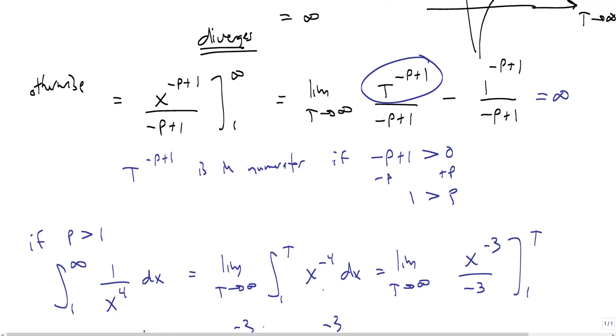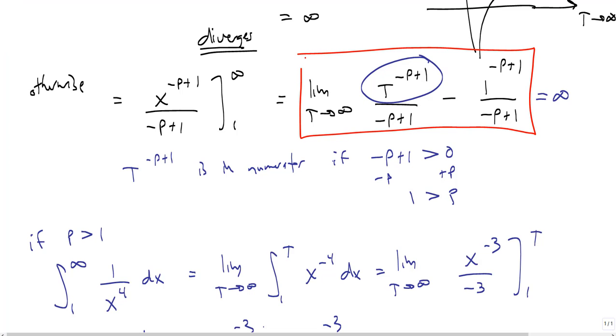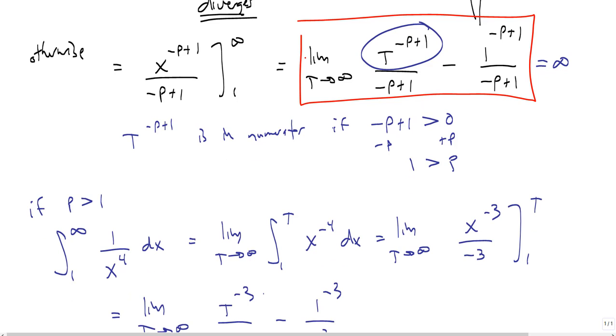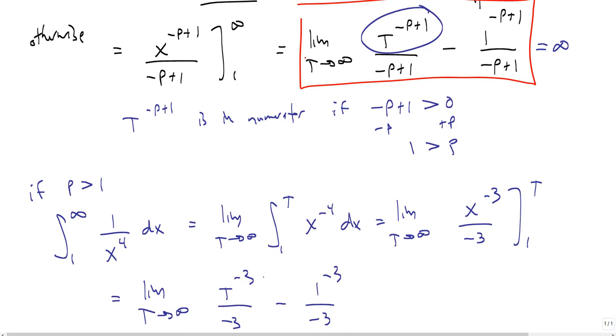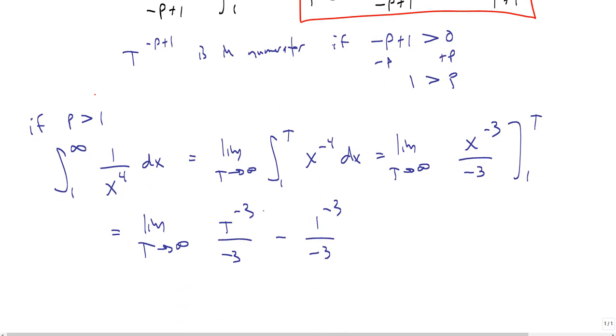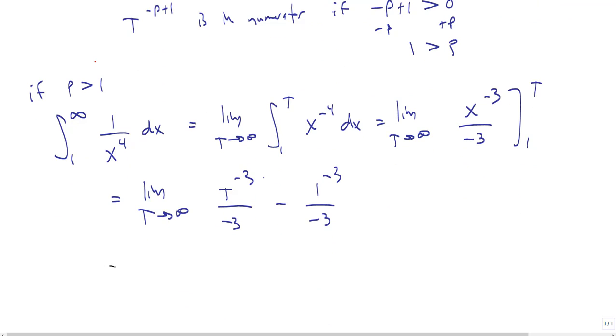This is exactly the thing I had over here, just done more specifically, with p being 4, so it's negative 4 plus 1. What I'm saying is, it's not really in the numerator, because t to the negative 3 is 1 over t cubed.